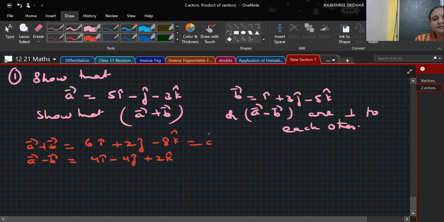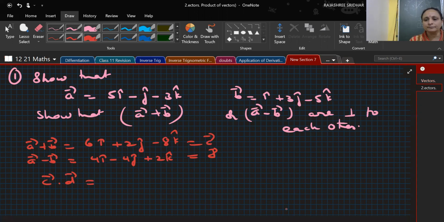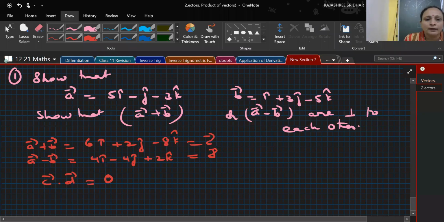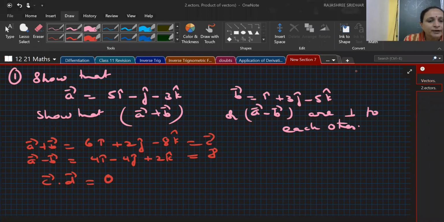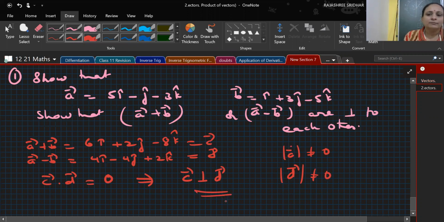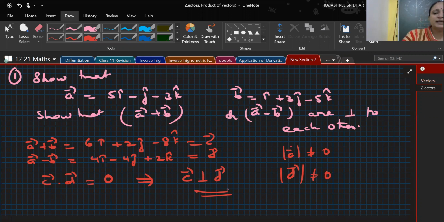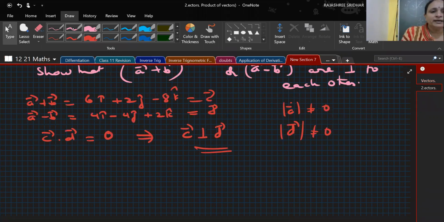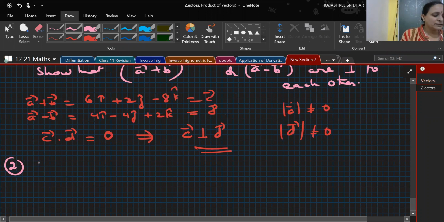Now call this vector C and call this vector D. Now you have to find the dot product of vector C and D. Tell me what is the answer. C dot D is equal to 0. What does that mean? Vector C is perpendicular to D. Why? Because I can clearly see that the modulus of C is not equal to 0 and the modulus of D is also not equal to 0. So what is left with me? The two vectors must be perpendicular to each other, and there is no other way. Okay?